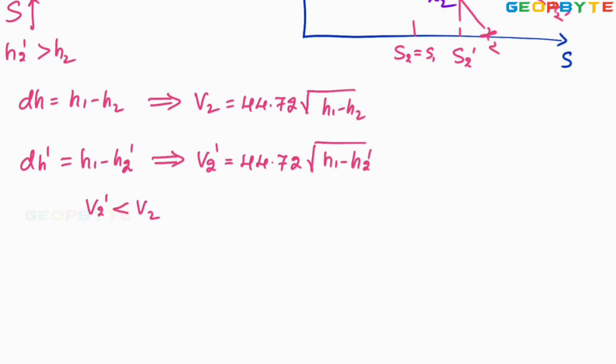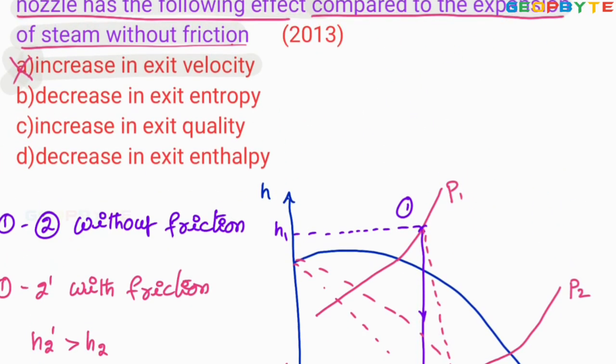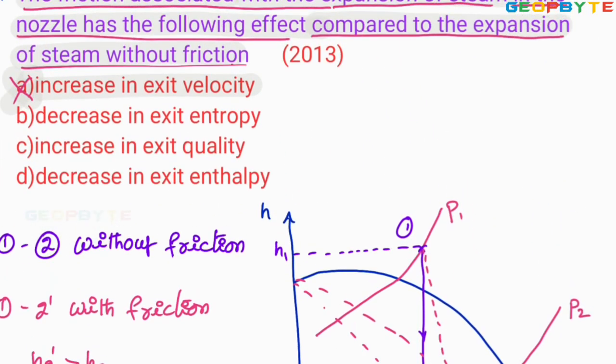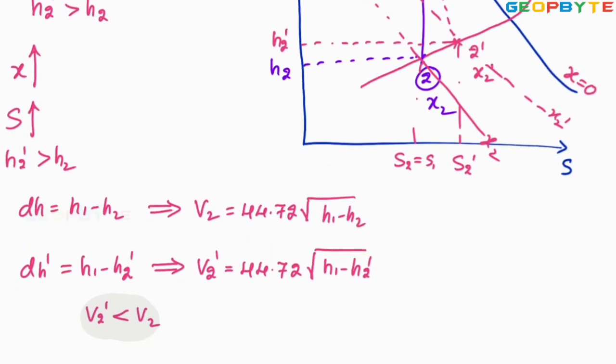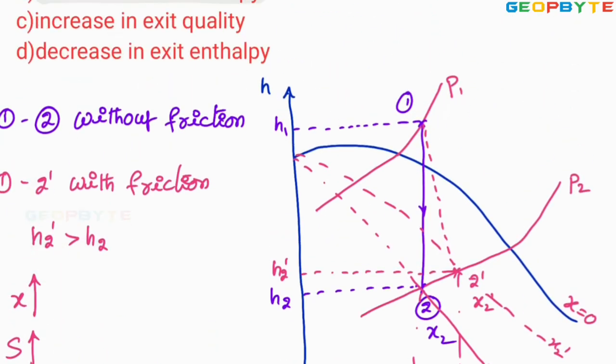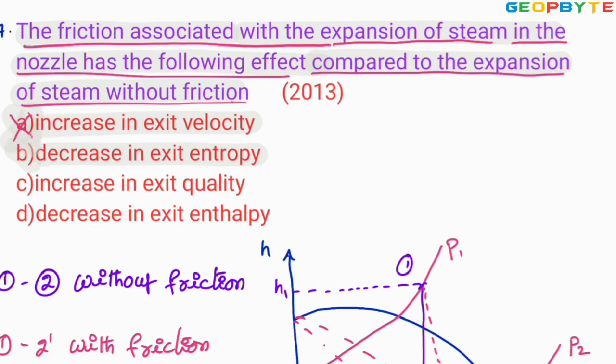Since V2 dash is less than V2, exit velocity is decreasing. Option B, decrease in exit entropy. No, entropy increases. Here S2 dash is more than S2. Entropy increases. So the second option is also not correct.